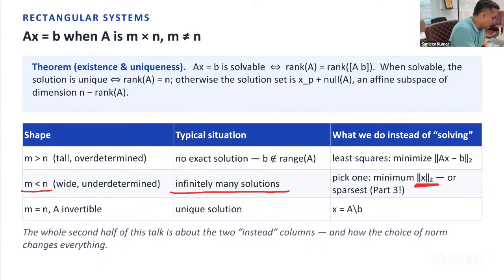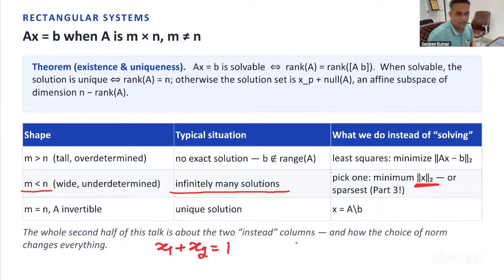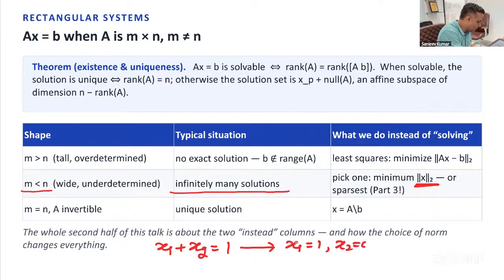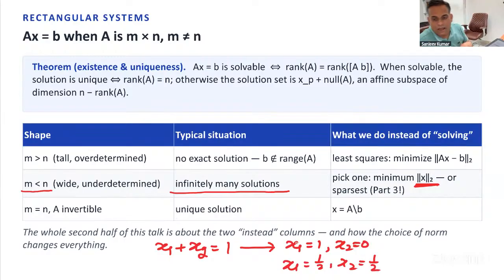So for example, I have an equation x1 plus x2 equals to 1. This particular equation can have a solution x1 is 1, x2 is 0, x1 is half, x2 is half, x1 is 0.4, x2 is 0.6, so infinitely many solutions.